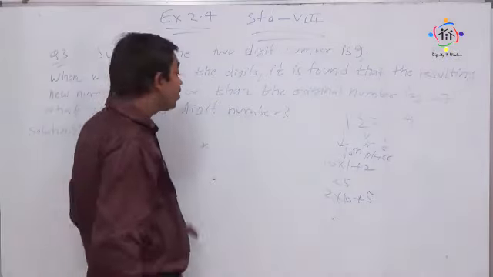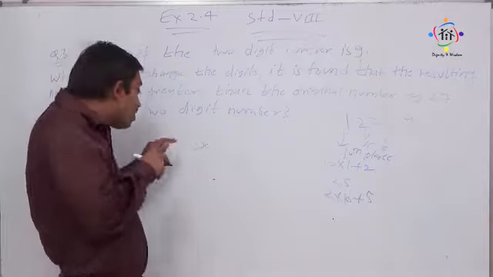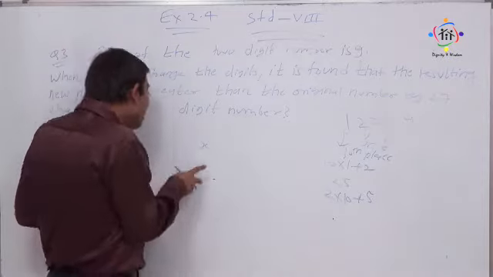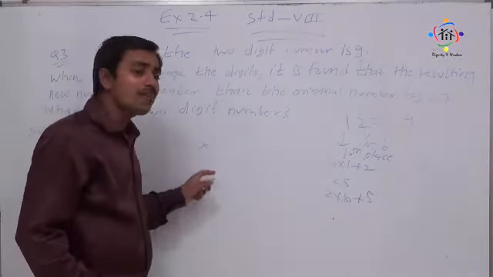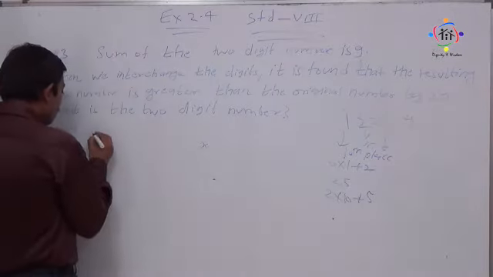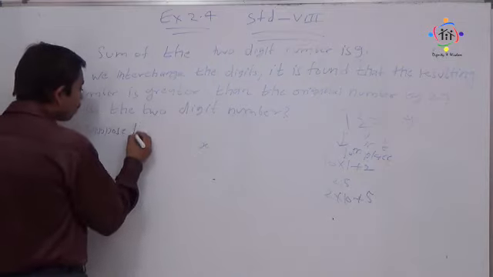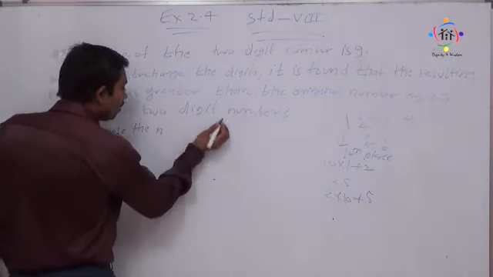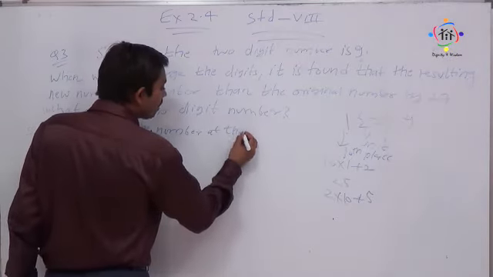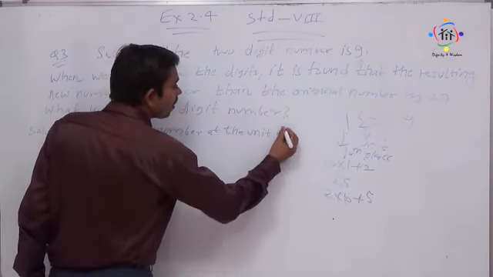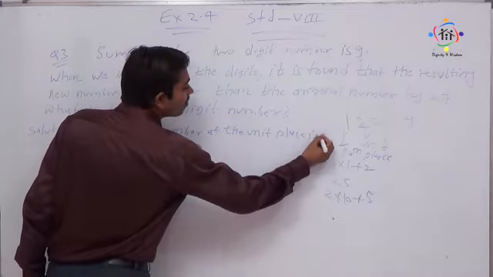But what is given? The sum of the digits at the unit place and the 10th place is given as 9. So write down: suppose the number at the unit place is x.